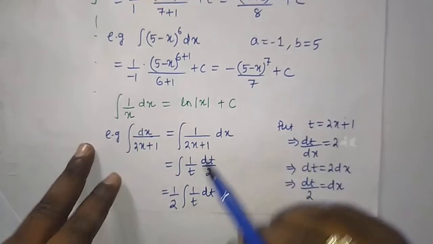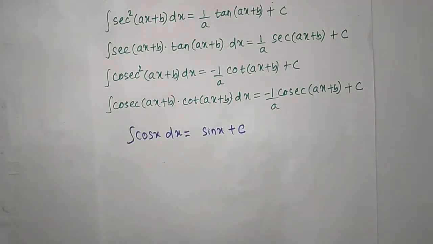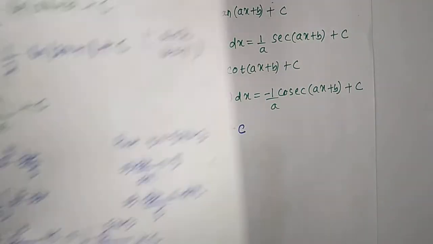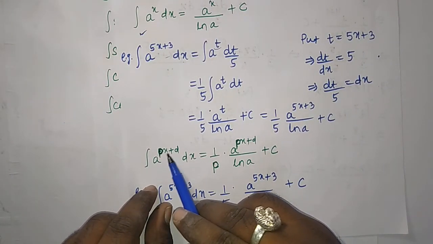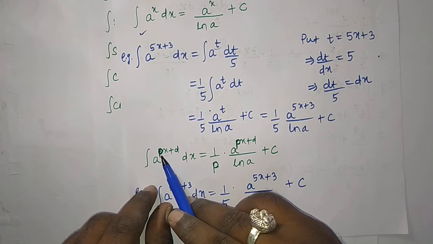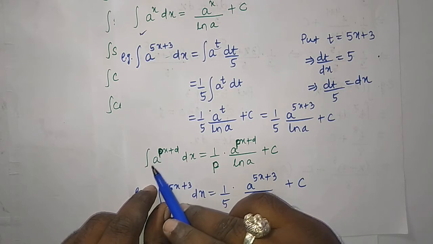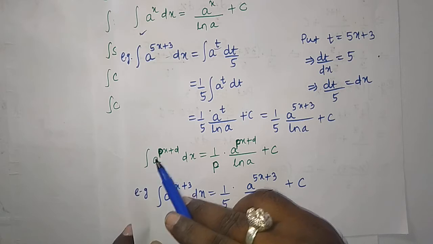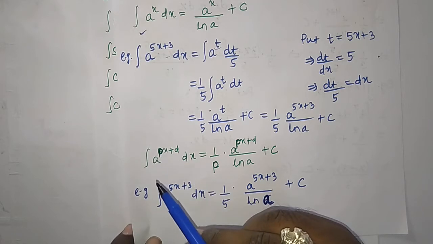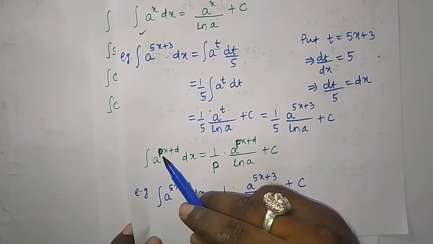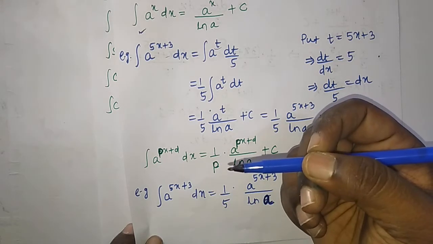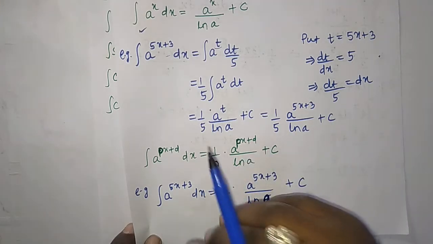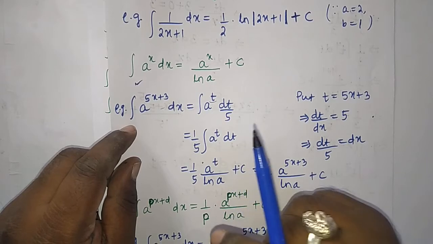And the other formulas that I have given you here, a to the px plus d. Here I have taken the coefficient of x as p, because if I had taken a initially, both would be a and there would be confusion, so I have written p. So p is the coefficient of x. From all these shortcuts, what you have got is 1 by a or 1 by p.